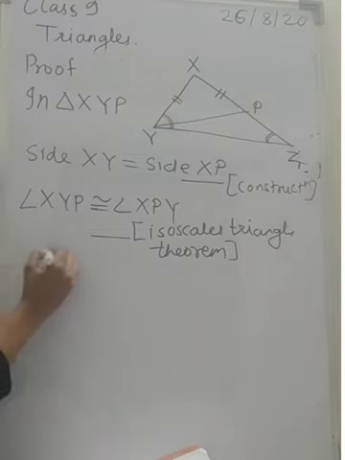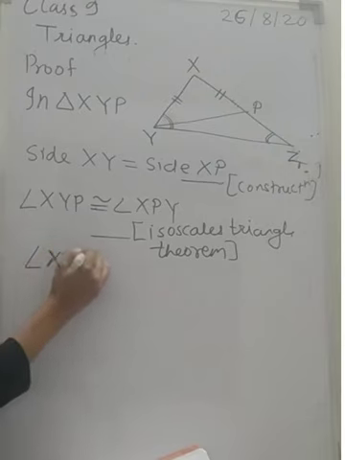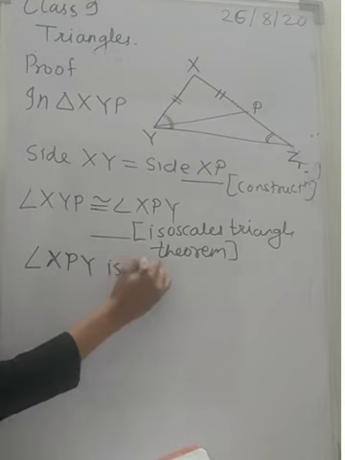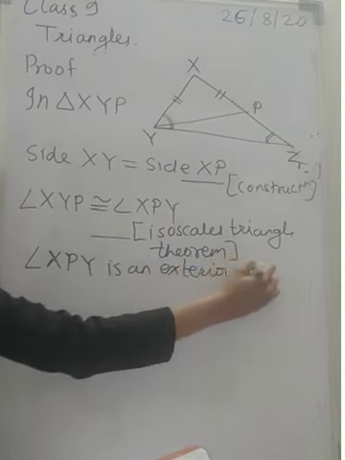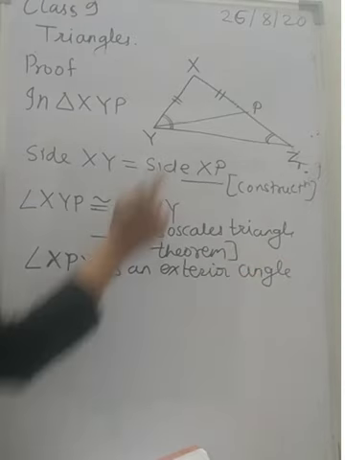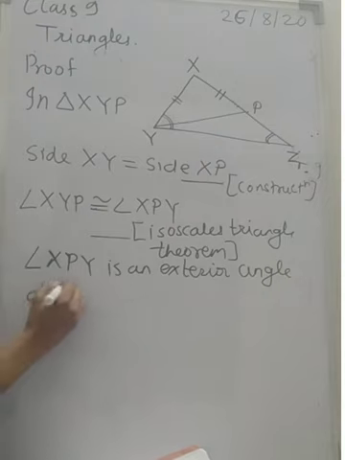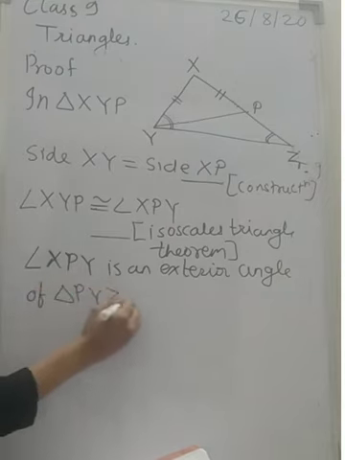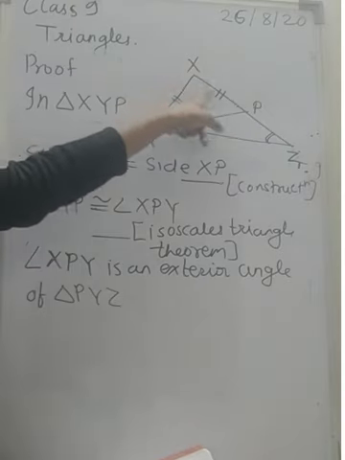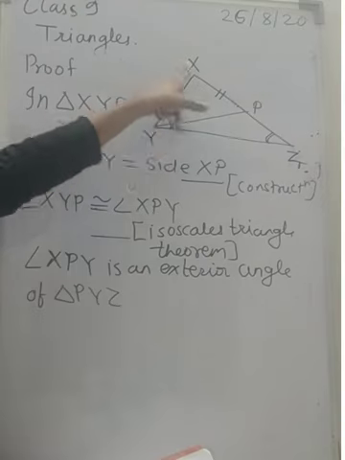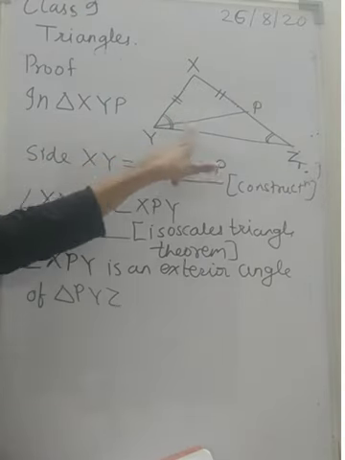So angle XPY is an exterior angle of triangle PYZ. Now here you have to use the exterior angle theorem, and the theorem says that this exterior angle, that is XPY, will always be greater than these two angles of the triangle, right?